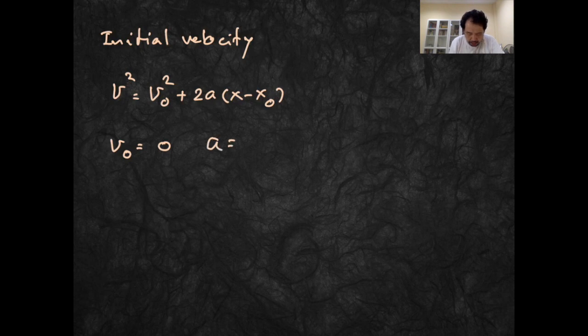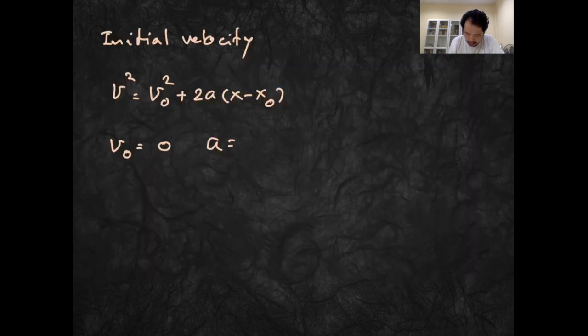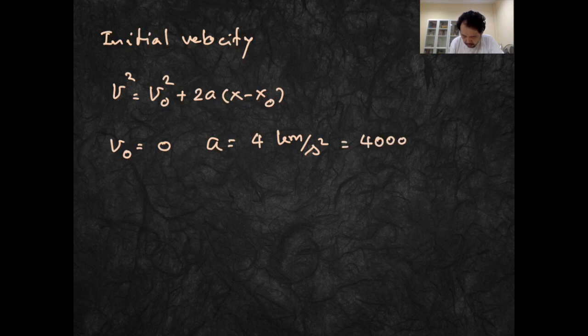Okay, and we have a equal to 4 kilometers per second squared, which we can convert into meters per second squared. So we have 4,000 meters per second squared, not per second, sorry.